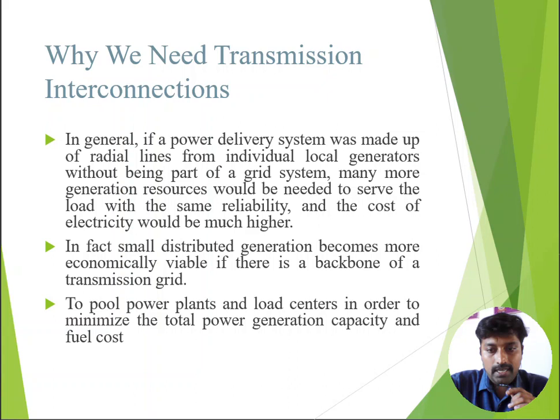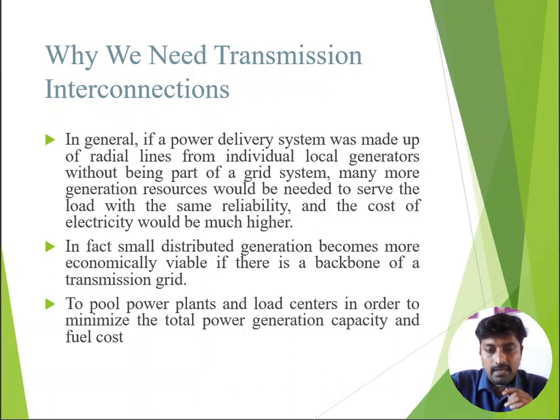Generally, to minimize the cost, small distributed generation is more economically viable if there is a backbone of a transmission grid. Like that, if the transmission interconnections are there, the number of generation requirements also reduces, and automatically the cost of generation reduces. From a continuous power supply point of view, we also always require interconnections.